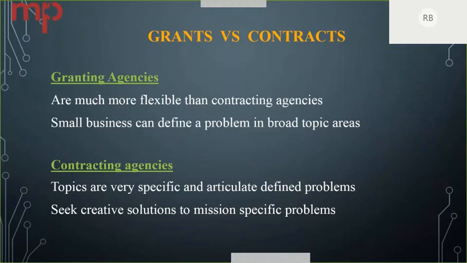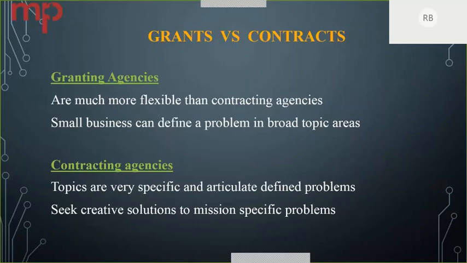I mentioned trending, things that are trending, things that are out there that everybody's struggling with and so on, the environment, the changing in weather patterns, there's a lot of different things. So the small business can define a problem in broad topic areas. Vaccines, you could tell them what is it that you think will work for a certain virus or something like that.